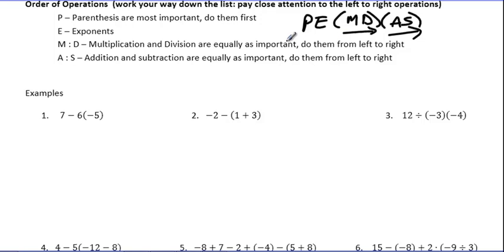Example 1, again, we look at what we have in the problem. We have multiplication. I mentioned before that we really weren't dealing with signs, but today we're dealing with signed numbers. So sometimes it helps to include the sign with the number. For example, this is multiplication. I have a negative 5, and I'm going to include the negative sign with the 6.